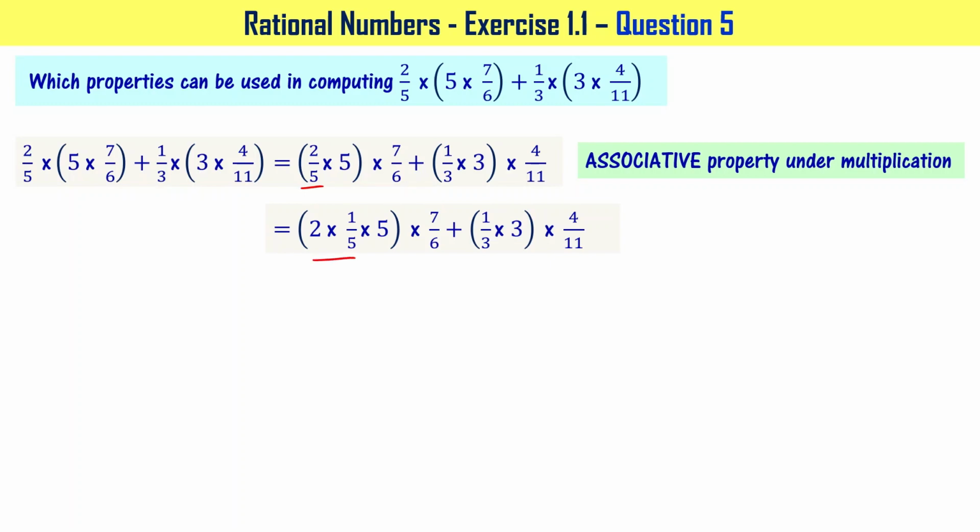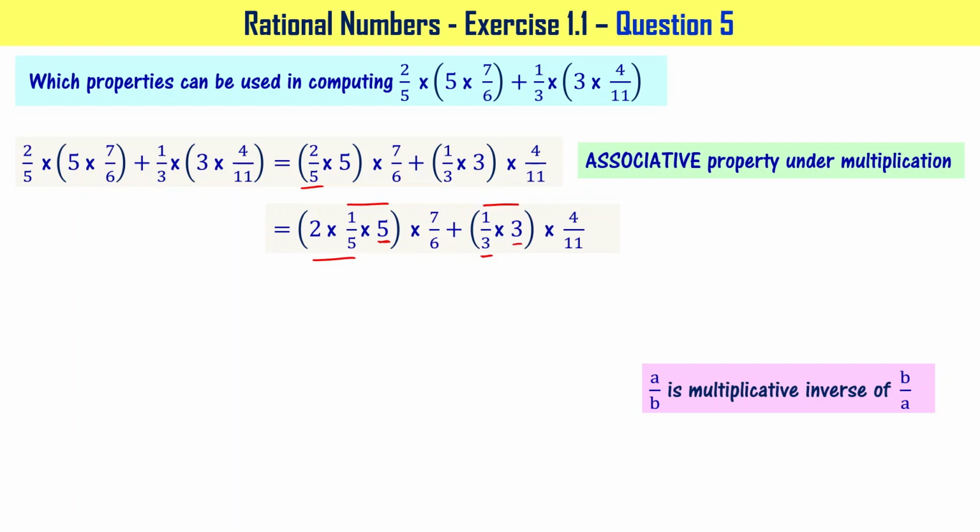When I do that, we can look at these two separately and these two separately. What you have seen here is that the multiplicative inverse of 1 by 5 is 5 and the multiplicative inverse of 1 by 3 is 3, right?